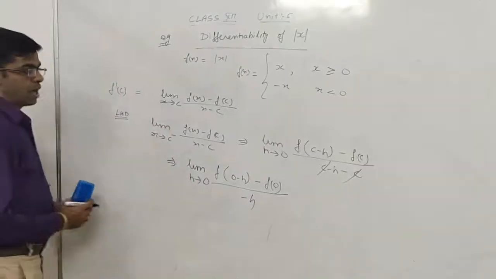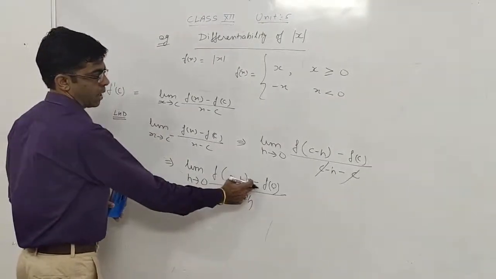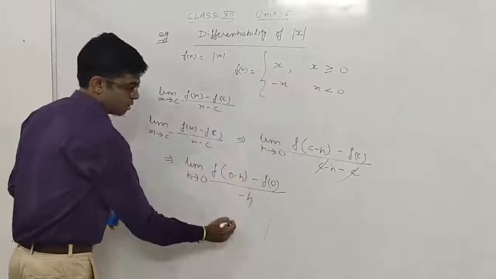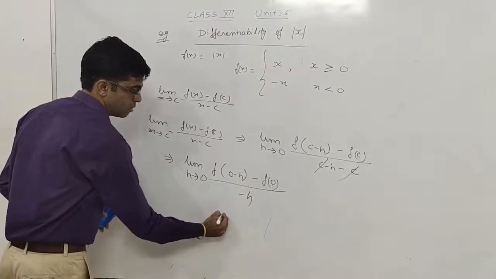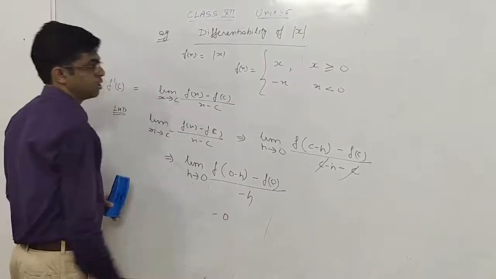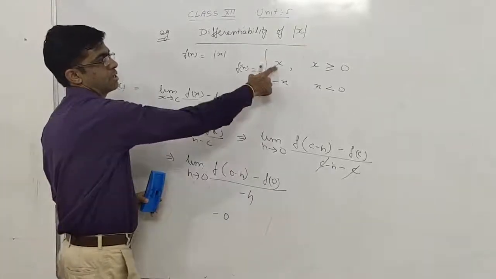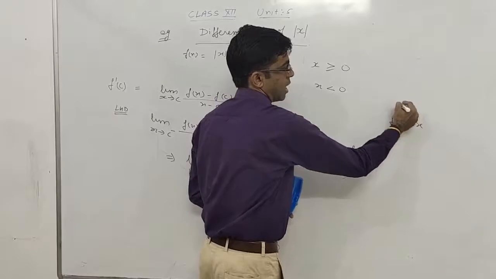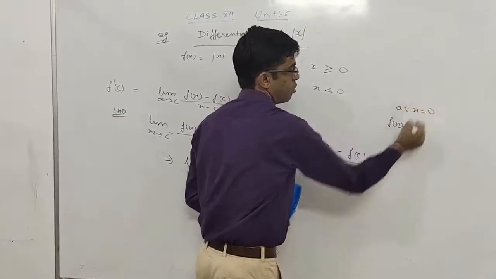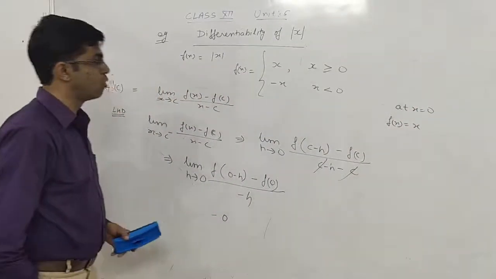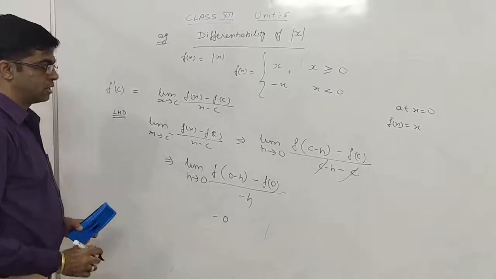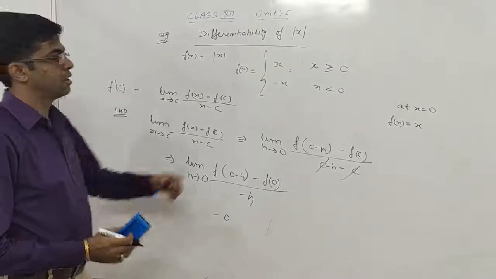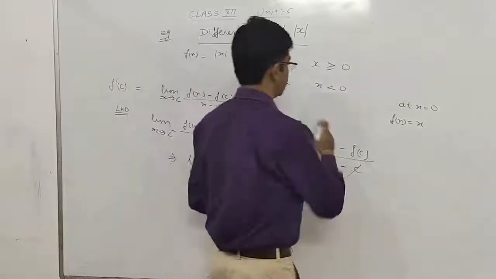So now f of 0 minus h, and f of 0 is 0, because at 0 the function f(x) is equal to x. So this will be 0. Now for 0 minus h, the function is minus x.